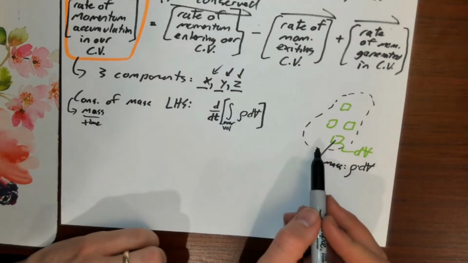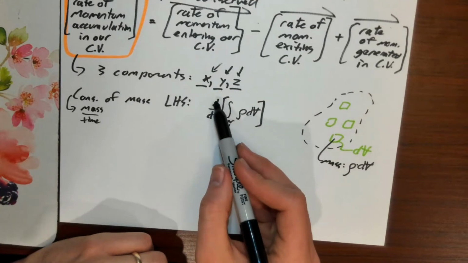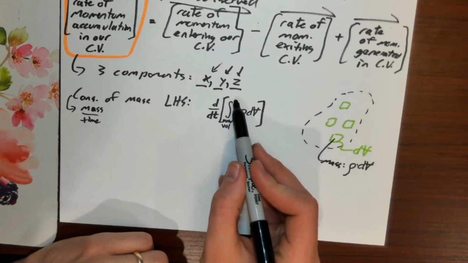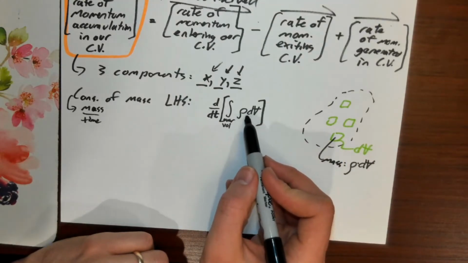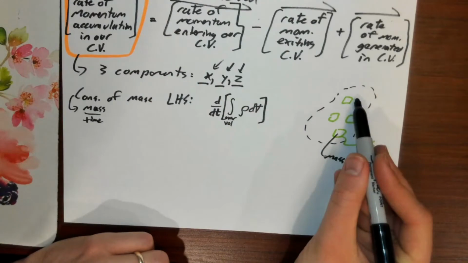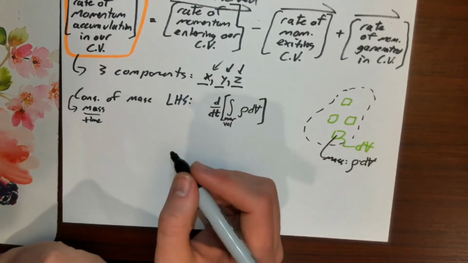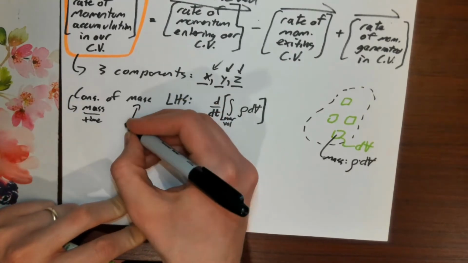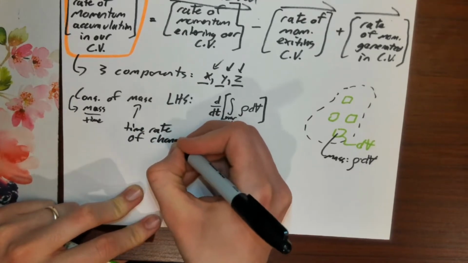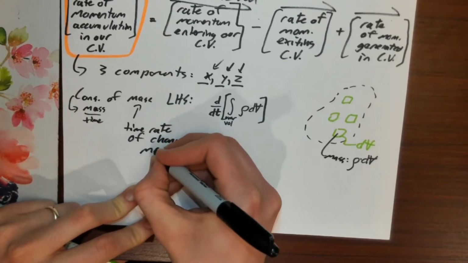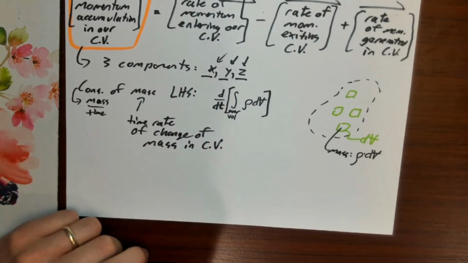And then if I integrate all of them, that gives me the mass of all of these little chunks. And if I take its time derivative, that's the time rate of change of the mass of all of these chunks. So the mass of an individual chunk is rho dV. I integrate them to add up the mass of all of the chunks. The time rate of change of that is the derivative of this whole quantity, right? So this is the time rate of change of mass in our control volume.